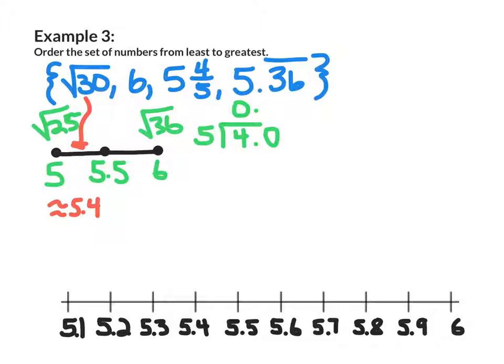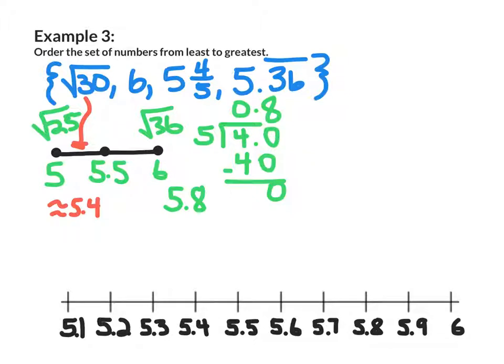So 5 can go into 40 8 times. 8 times 5 gives me 40. I subtract, I end up with 0. So now I need to add my whole number. So my answer would be 5 and 8/10. Now 5 and 36 being repeated is already in decimal form, so I do not need to convert it.